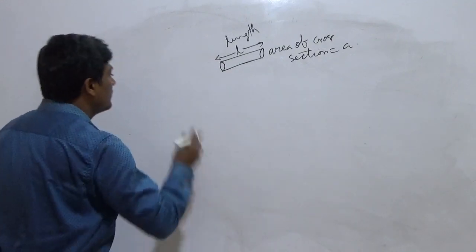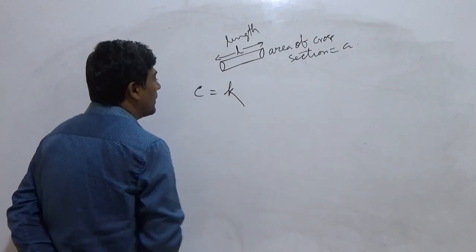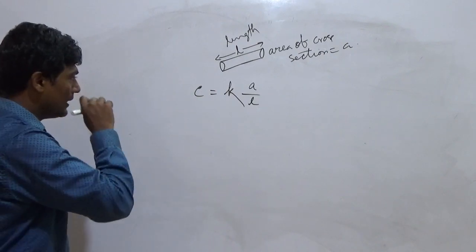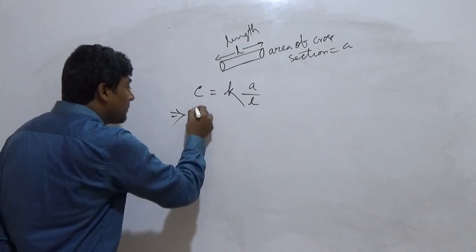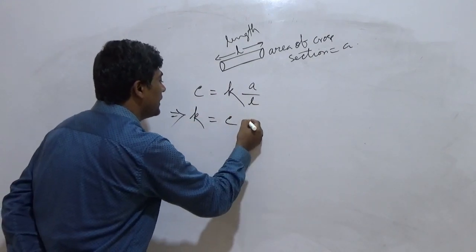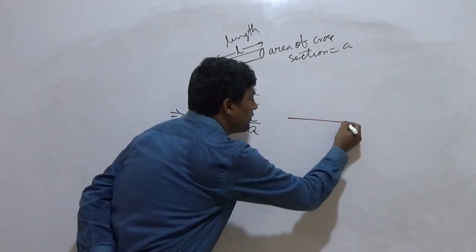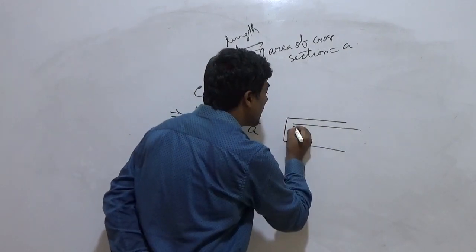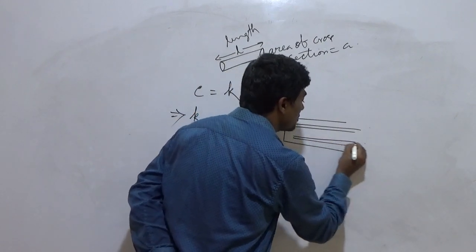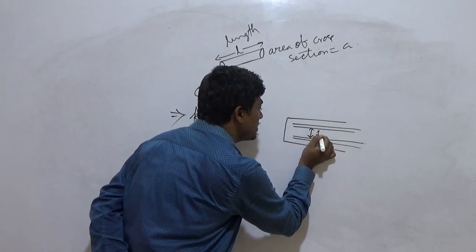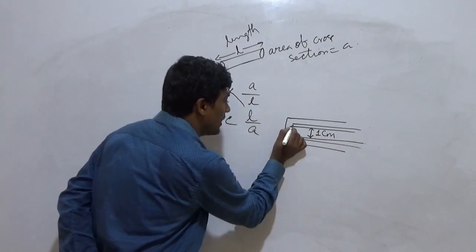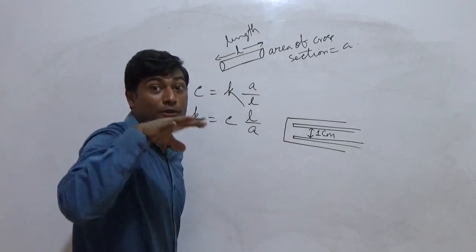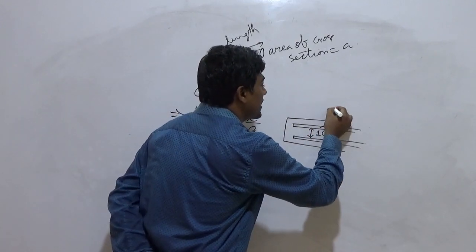You have the formula C equals kappa A by L. So kappa, taking L by A to the other side, is equal to C L by A. In the conductivity cell, when we want to measure the specific conductance, the electrodes are placed such that the distance of separation between the two electrodes is 1 centimeter, and the area of cross section of each electrode is 1 centimeter square.